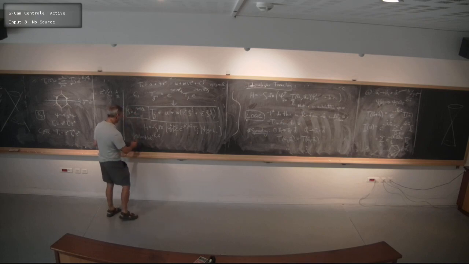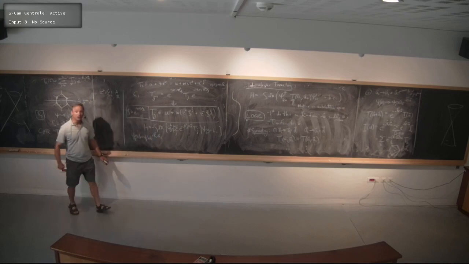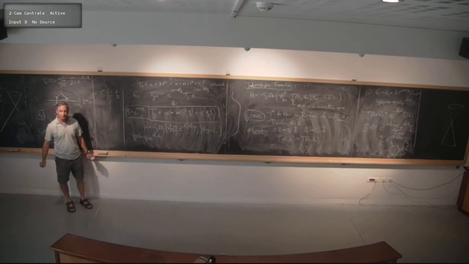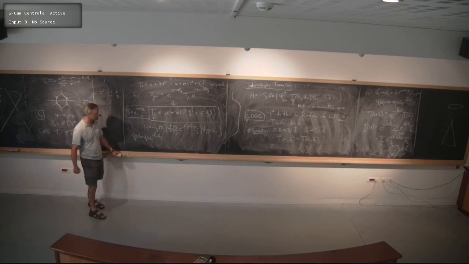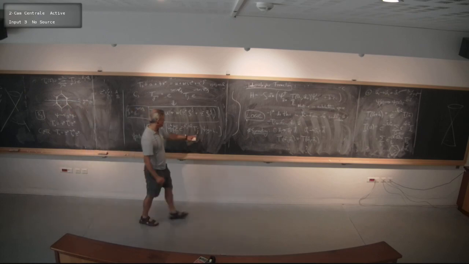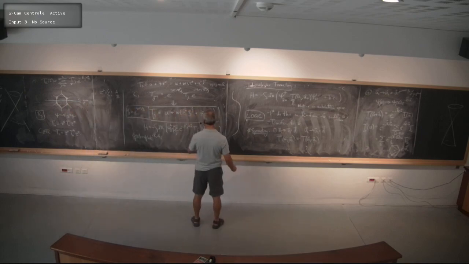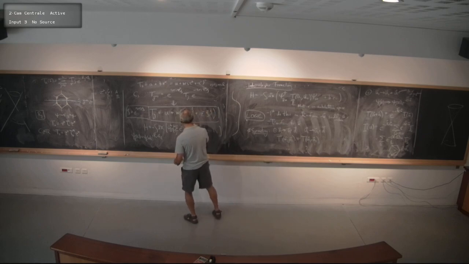Now we have to be careful of the layers. For layer L, we should use the u of layer L. This is where the difference of displacements between the two layers comes in. This is u1 minus u2, right?